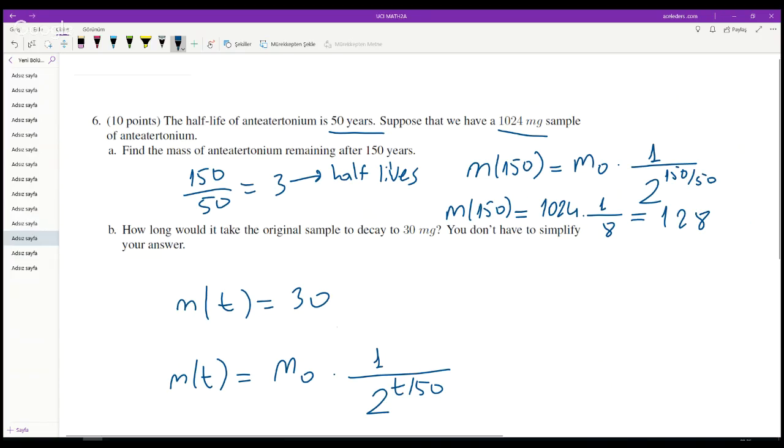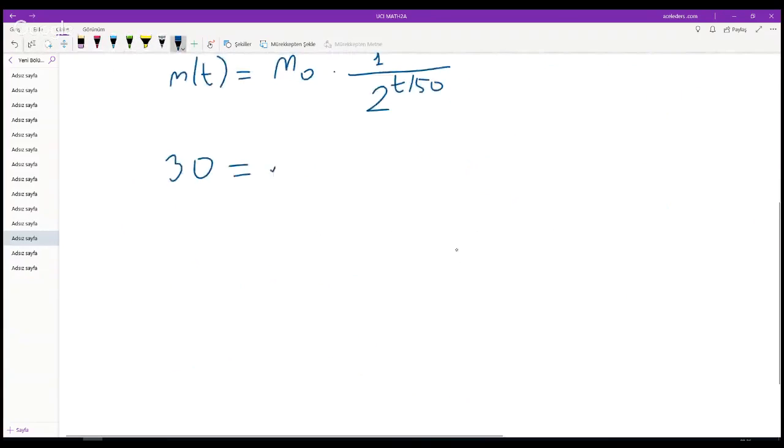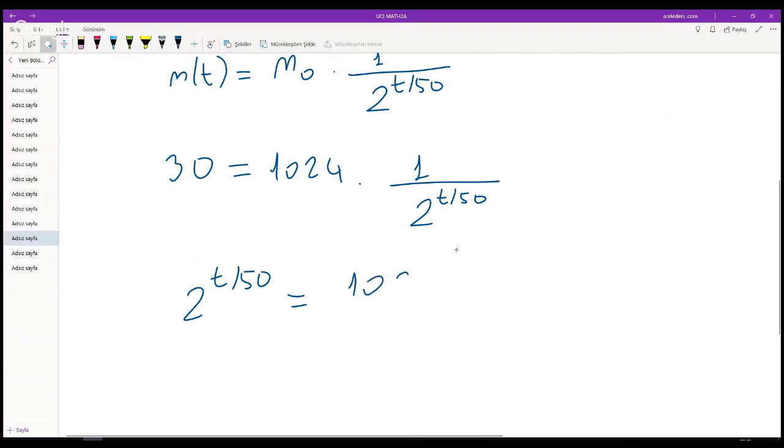So the number of half-lives is the power, and therefore I have a very clear formula. 30 equals the initial mass, 1024, times 1 over 2 to the power T over 50. So 2 to the power T over 50 equals 1024 over 30.